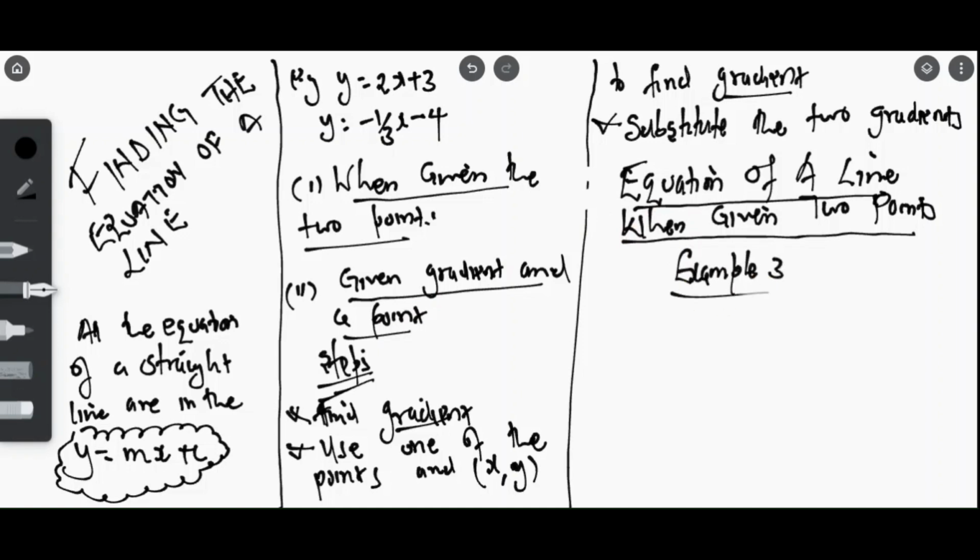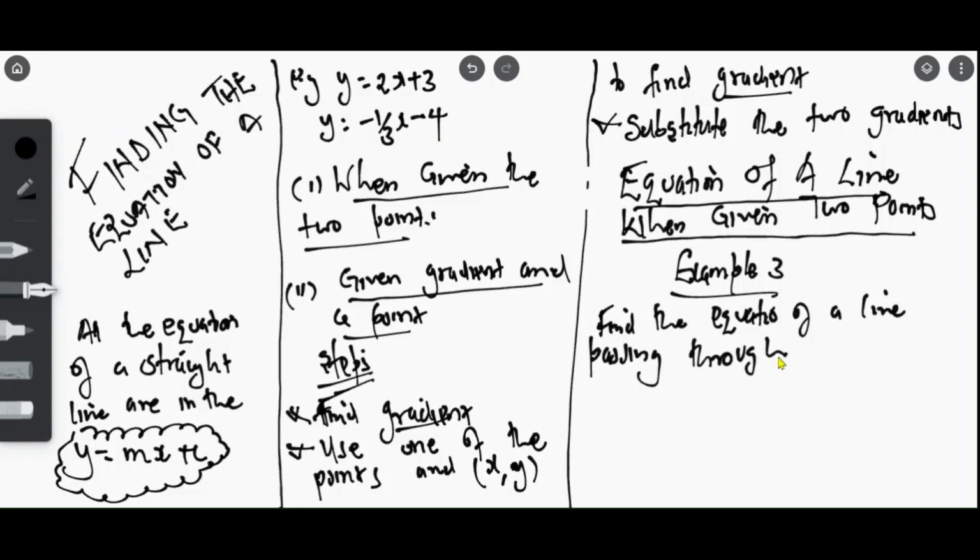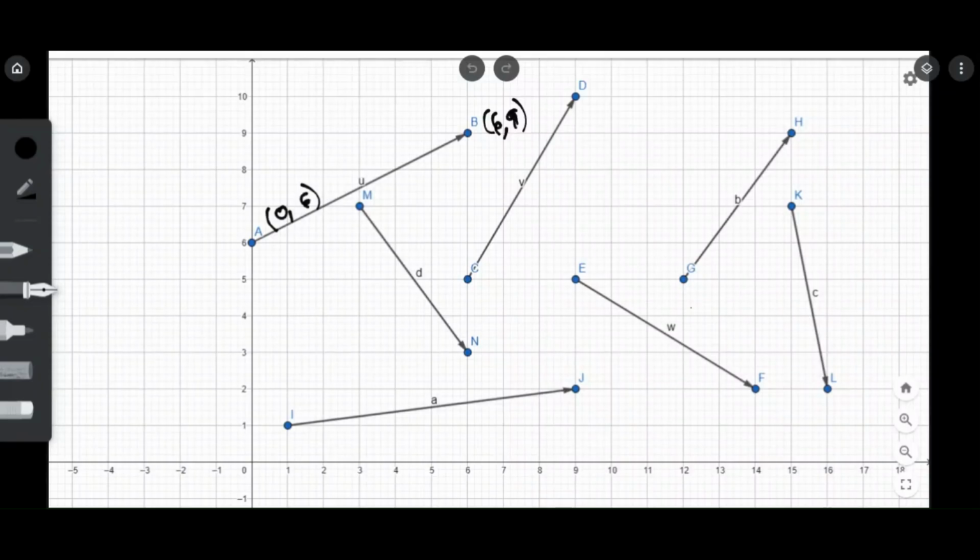So example 3: find the equation of a line passing through. Let me pick one of the lines here, the one that we've not used.